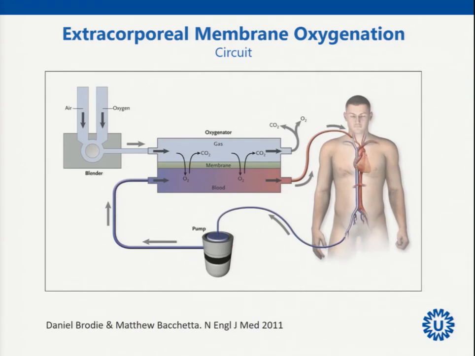But if you assume that the oxygenator also is able to saturate the blood in a good way, which happens, then you can also understand that in order to oxygenate the patient, you just need more blood flow. So the more blood flow you give through the oxygenator, the more well-saturated blood will reach the patient.